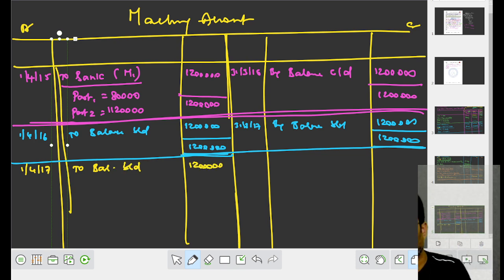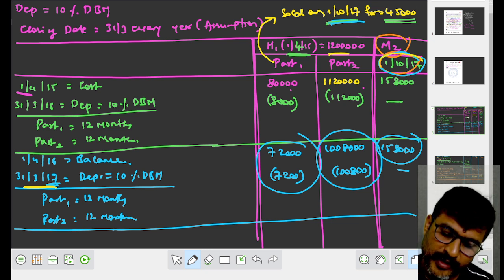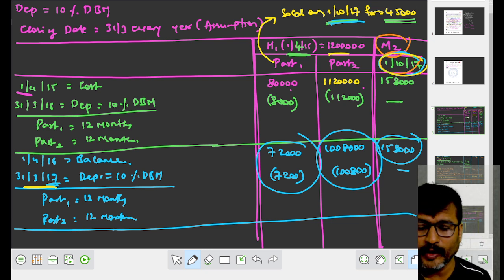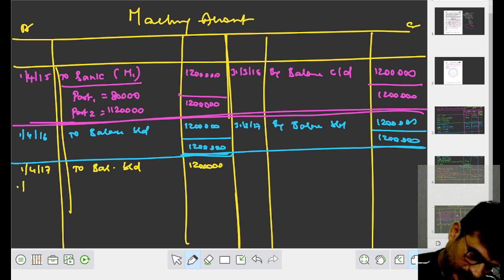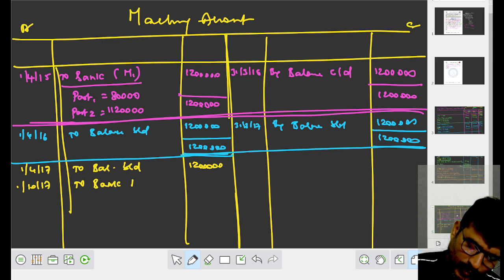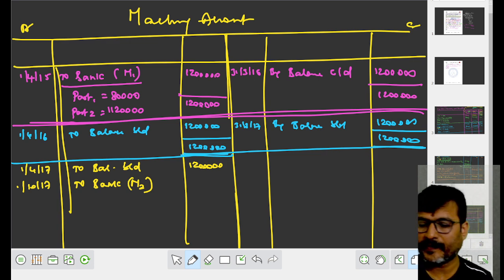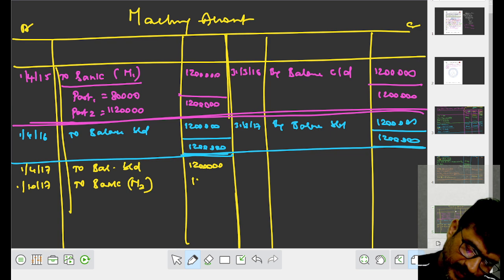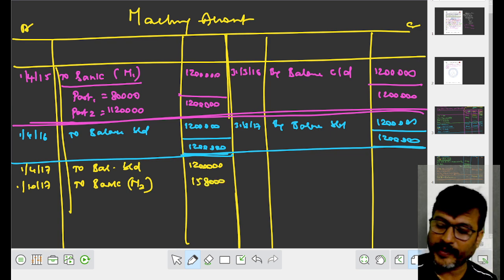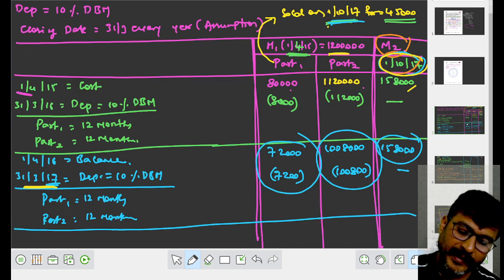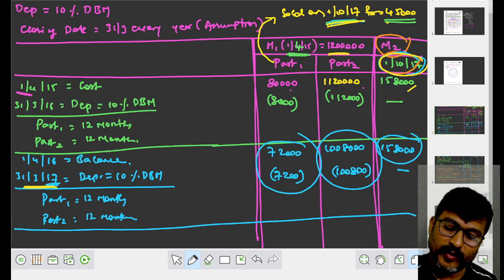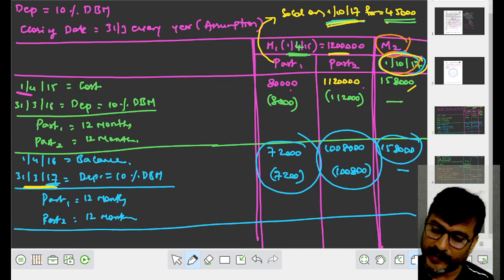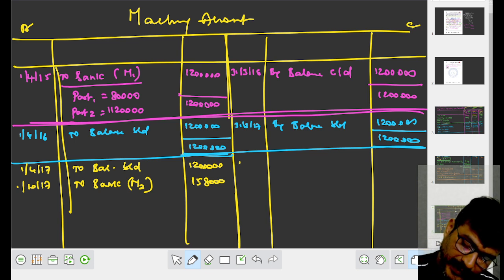What happened in 17? In October 17, we purchased new machinery M2. To bank, M2 is purchased for an amount of rupees 1,58,000. Fine. In the same October 17, what have we done? We have sold part 1. Where to transfer?